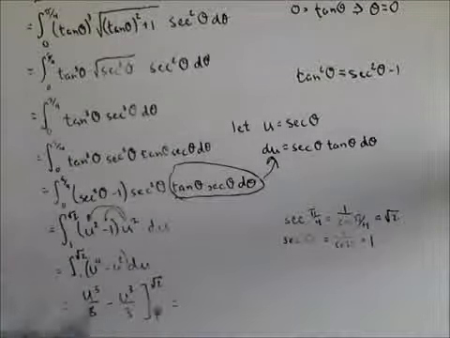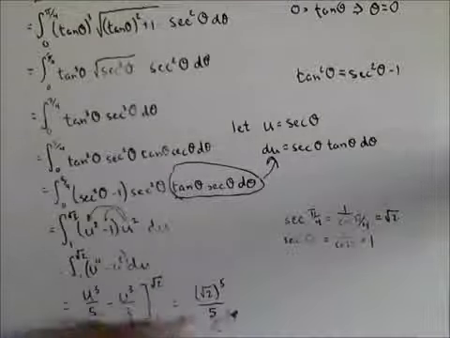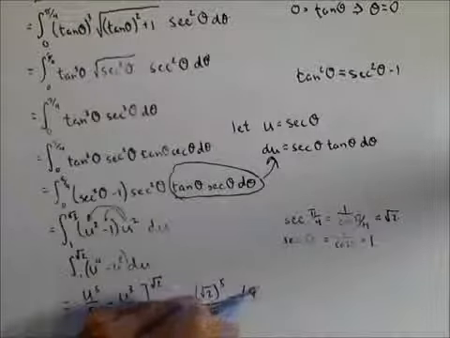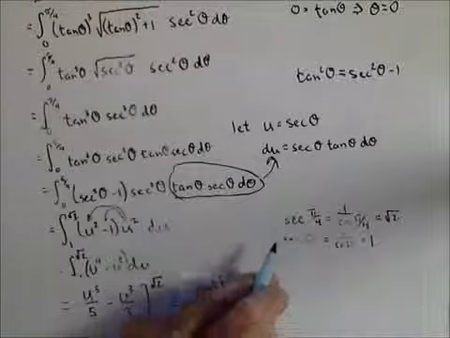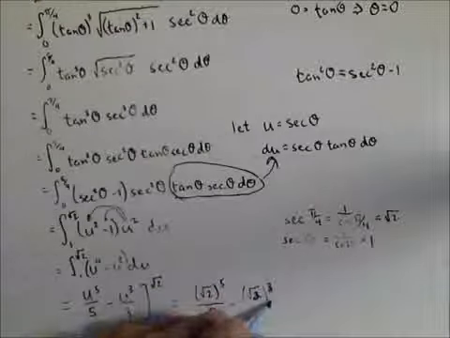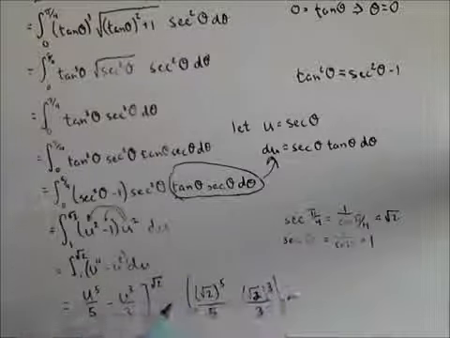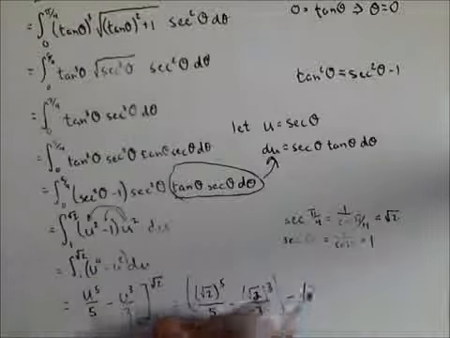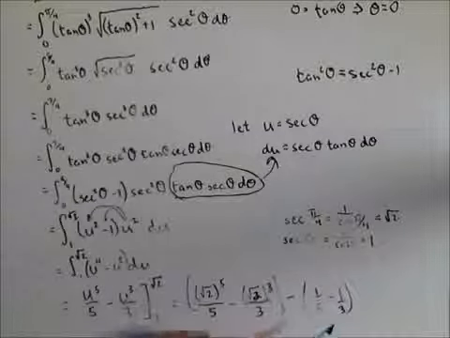So, I've got root 2 to the 5th over 5 minus root 2 to the 3rd over 3, minus 1/5 minus 1/3.